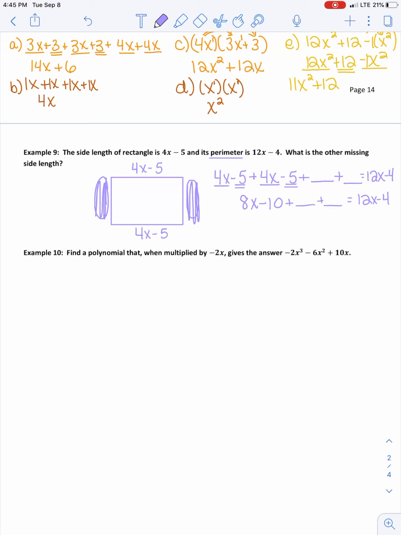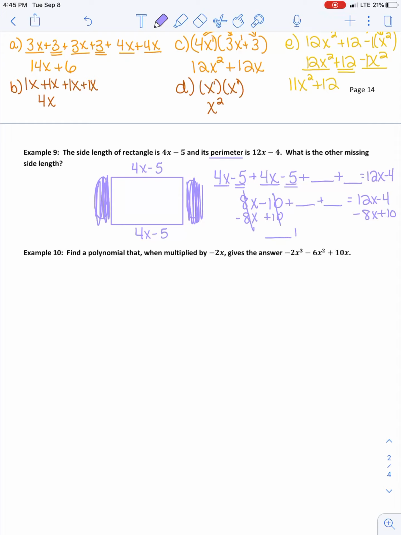Now, my next step, what I want to do is figure out what I have left to split between this side and this side. So I'm going to subtract the 8x on both sides, and I'm going to add the 10 on both sides. Okay, so basically these cancel everything out.